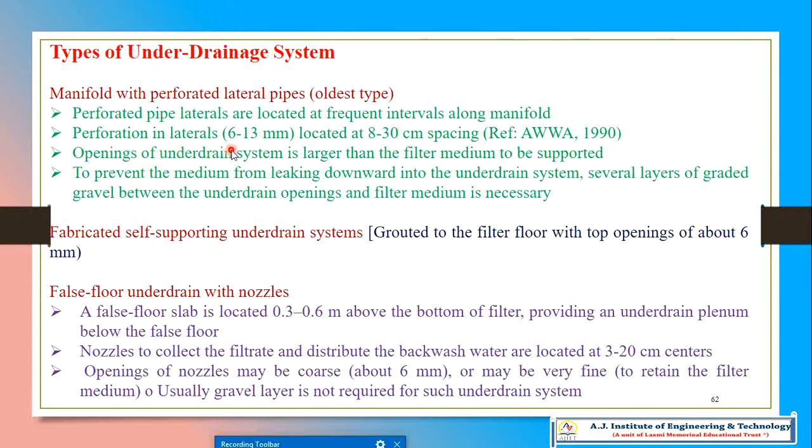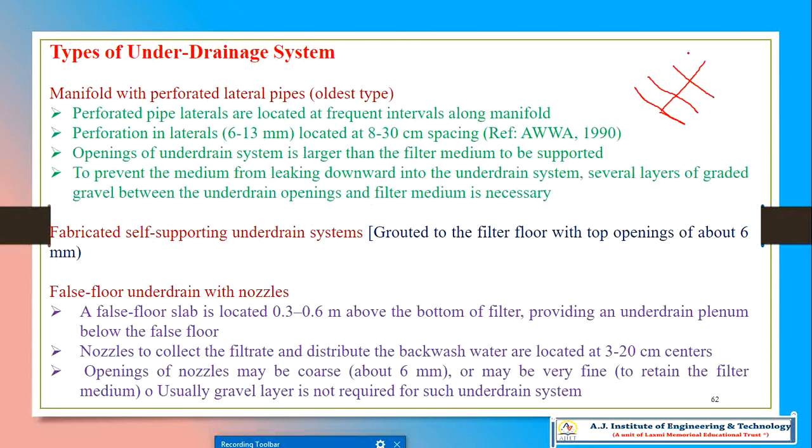The perforation in a lateral is around 6 to 13 mm, located at 8 to 30 centimeter spacing. If you take this figure, this is the main pipe and these are the lateral drains.